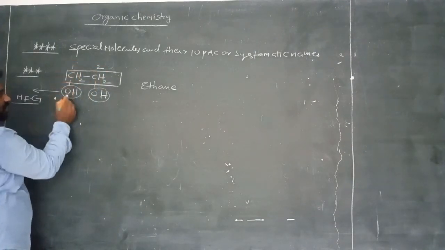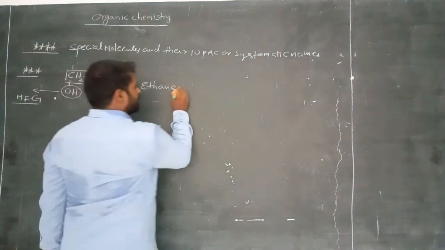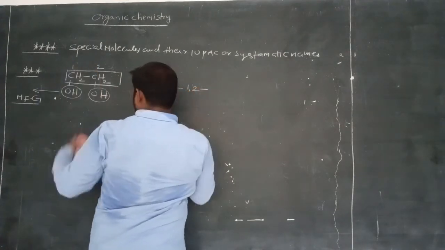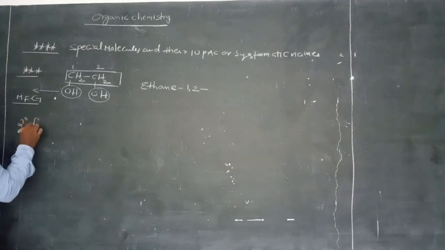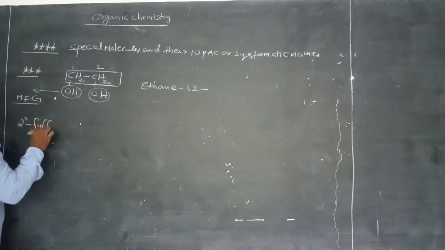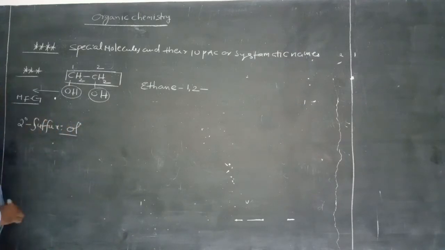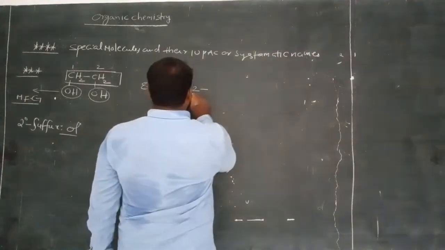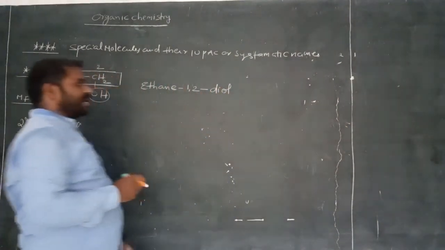On the first carbon it is OH, on the second carbon it is also OH. Ethane 1, 2. If OH is the main functional group, what is the secondary suffix? It is ol, the alcoholic functional group. Ethane-1,2-diol.